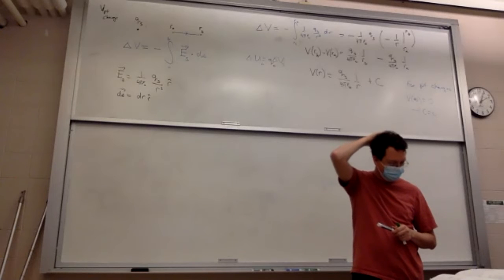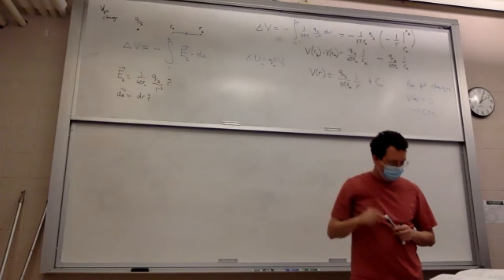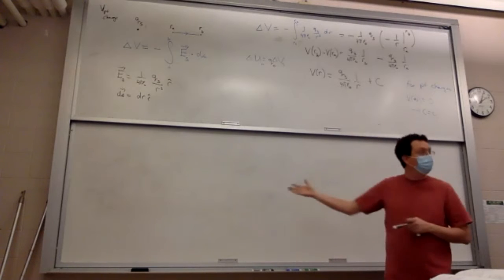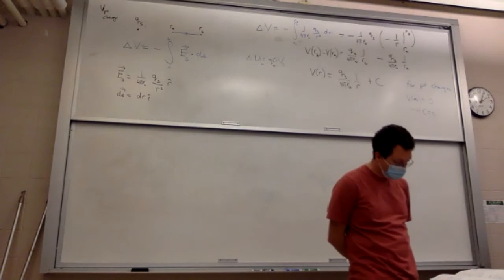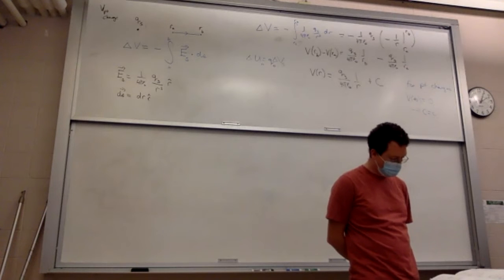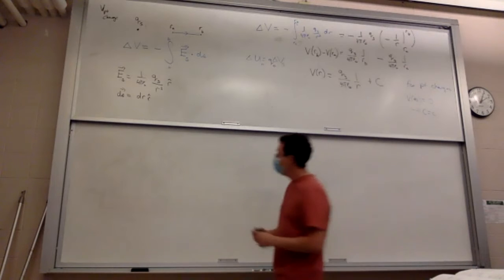I'm trying to think. What's the units on that again? Volts. Yeah. If you work it out in metric, it'll come out in volts. Well, sure. Why not? All right.